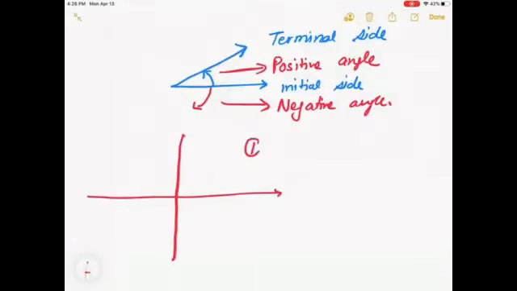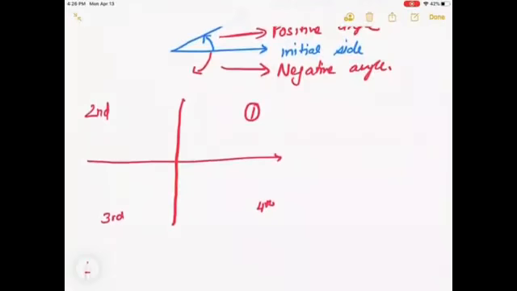So this is the first quadrant, second quadrant, third quadrant, fourth quadrant. When I say first quadrant, it means the range for the first quadrant is from 0 to 90 degrees. Second goes from 90 to 180. Third one, 180 to 270. And the fourth one, the last one, would start from 270 and go all the way to 360.